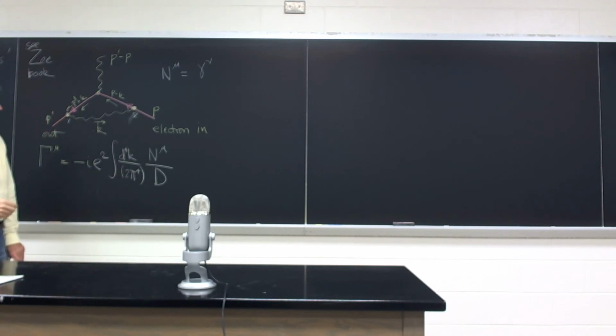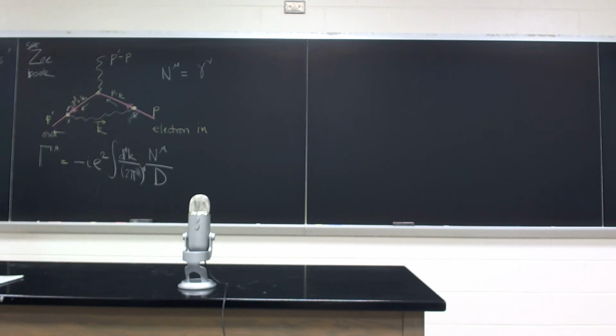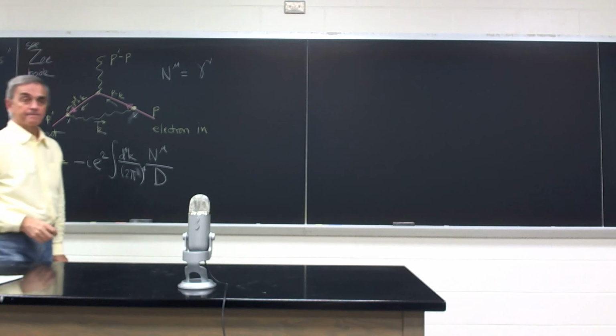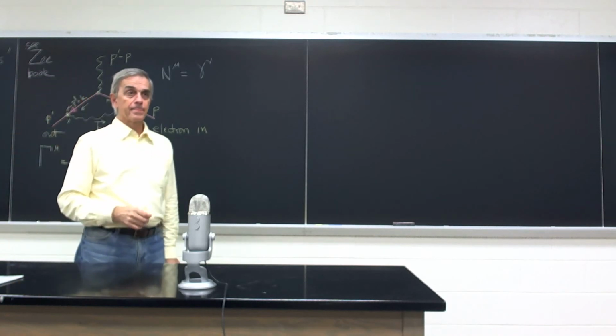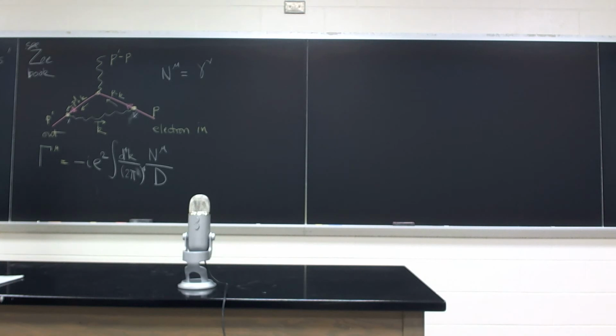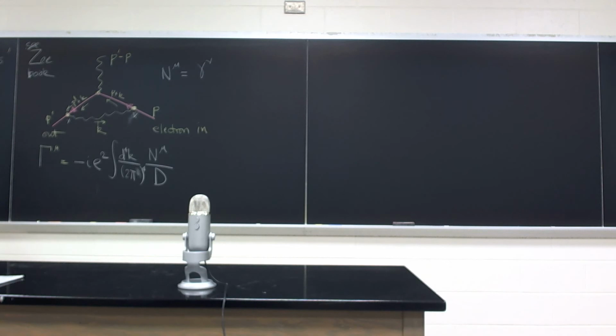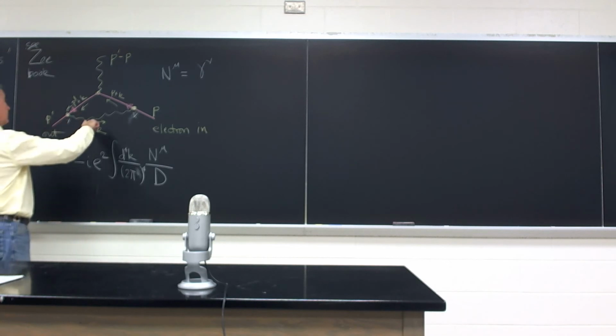The internal photon propagator is contributing a plus k to the electron on the right, right? Yeah. And it's minus in. Does it matter?